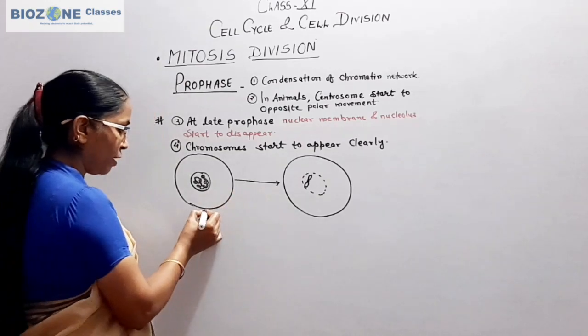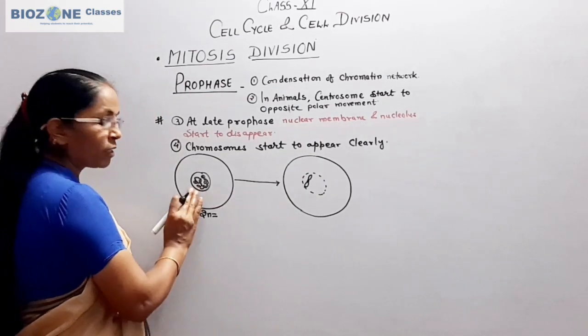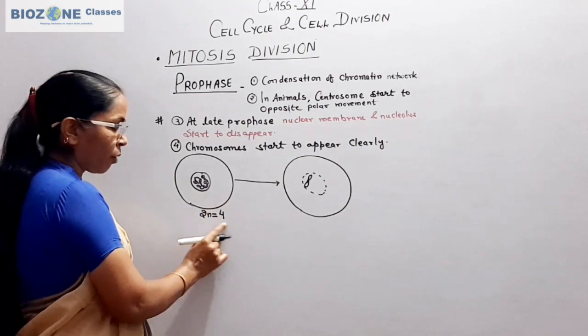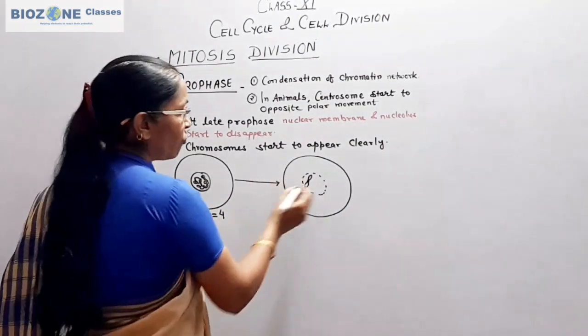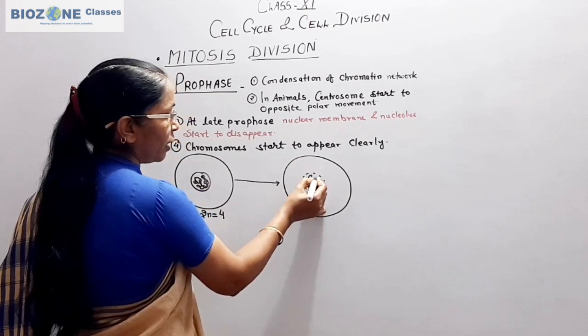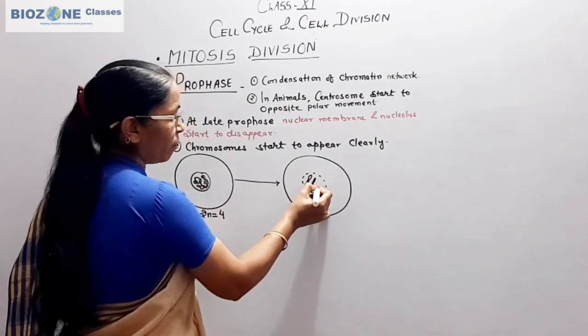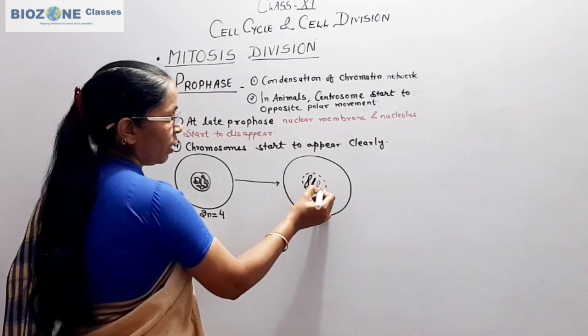For example, here we take a cell undergoing mitosis division that has the diploid chromosome number 4. So 4 chromosomes clearly appear as thread-like structures, with different colors or patterns used for easy detection. Remember this part very well.